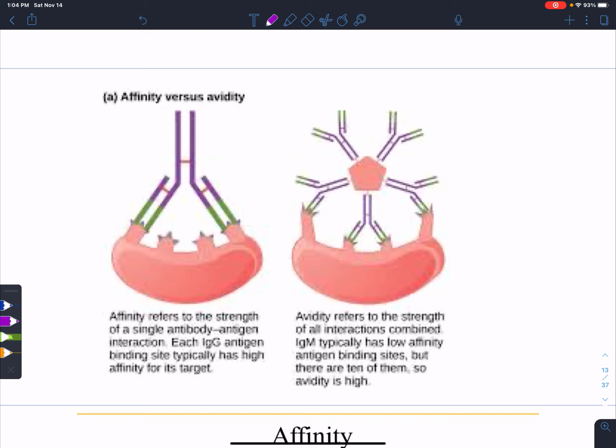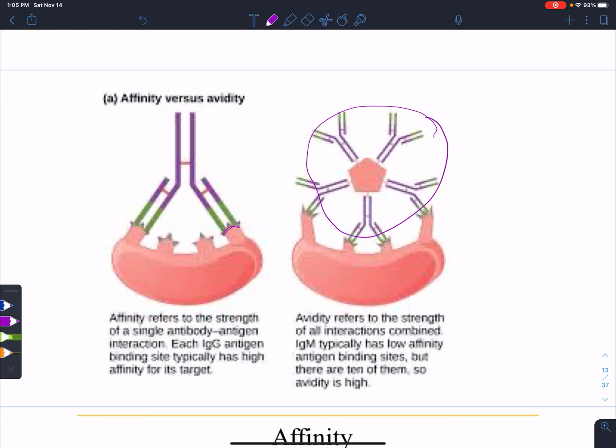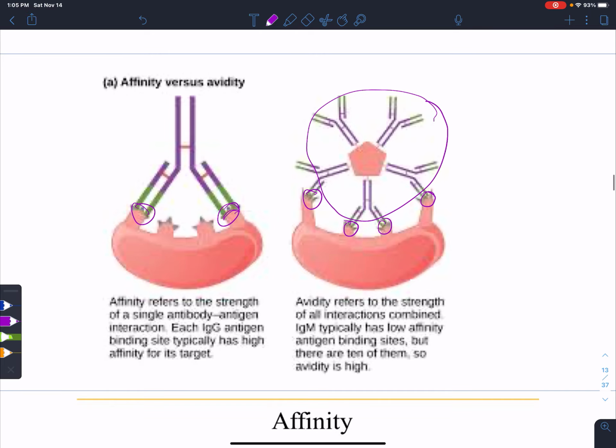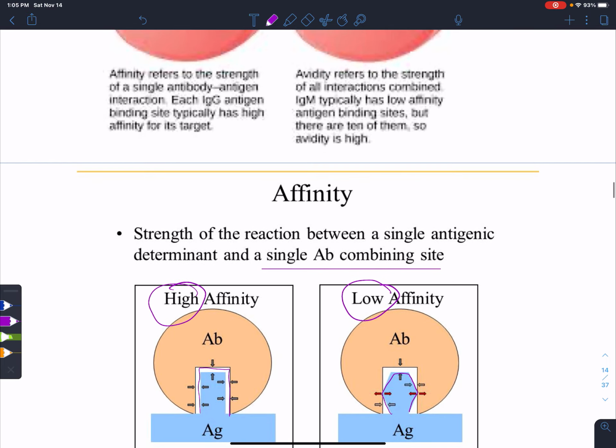Okay, affinity, you see in a nice little fit. And then avidity with this one, this antibody here has a much higher avidity because it's actually bound for those sites, where this one just had two. I know, why do we have two different words for that? We'll use it a little bit more in blood bank.